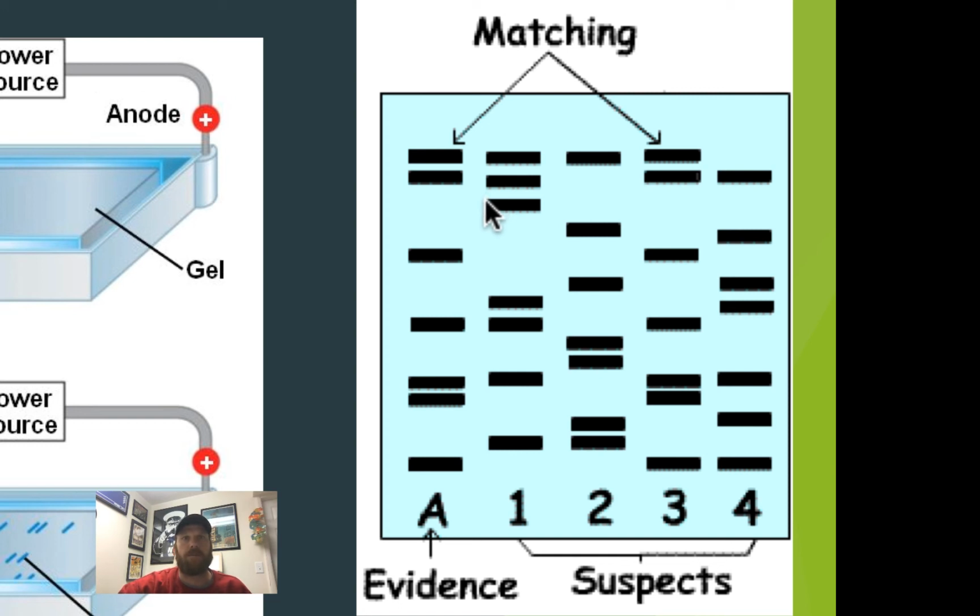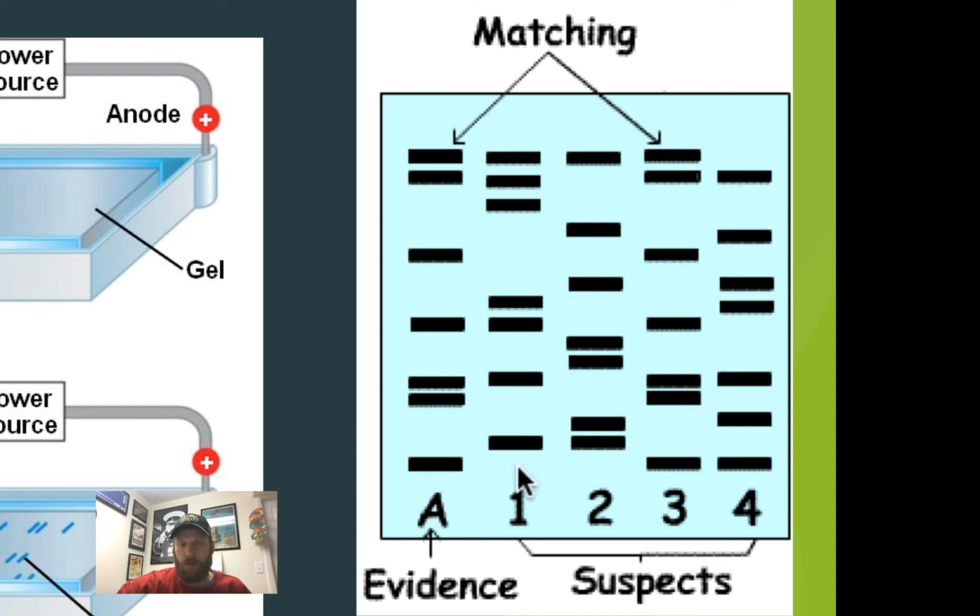The DNA fragments were stained with some type of probe, and now the DNA fragments are visible as these black bands. This black band here is made up of thousands of DNA fragments of the same length. Since these DNA fragments are all of similar size, they moved through the gel at the same rate and formed a band of DNA. The different bands in each column represent a DNA profile.